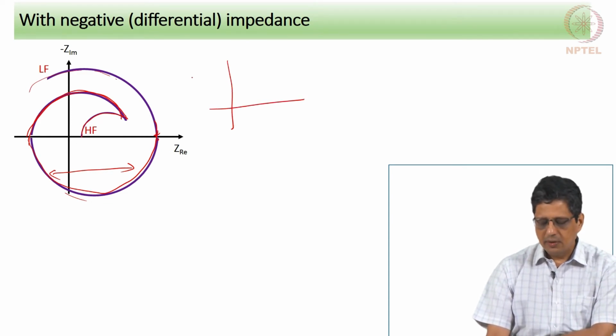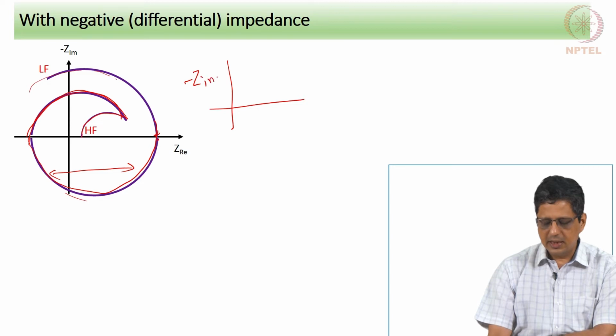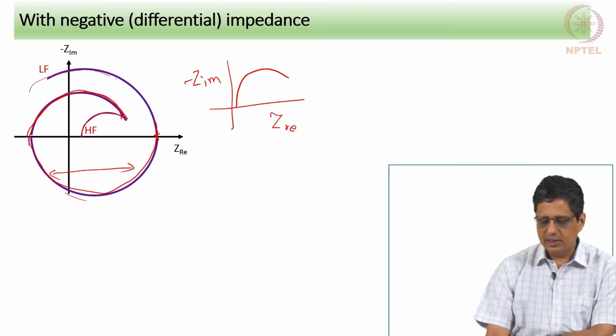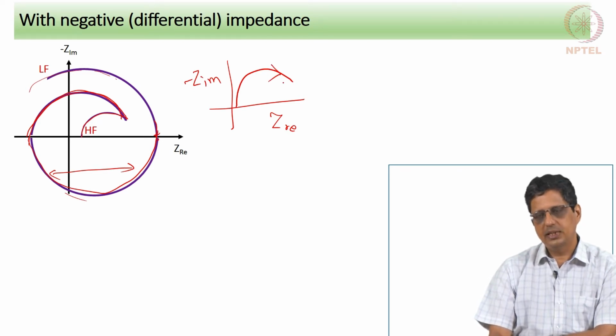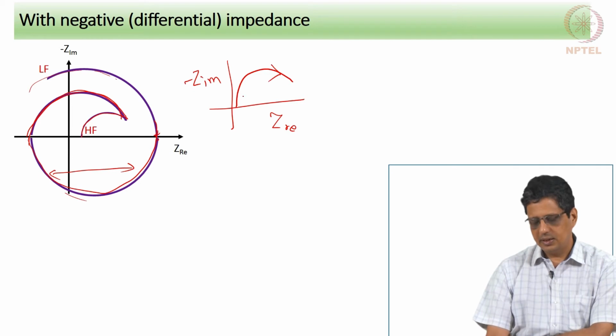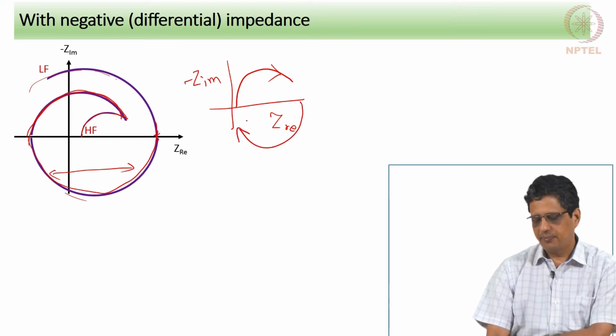Normally, when we plot minus Z imaginary versus Z real, we expect when we go from high frequency to low frequency, a capacitive loop here means capacitance in parallel with a resistance will go like this. An inductive loop will go like this.